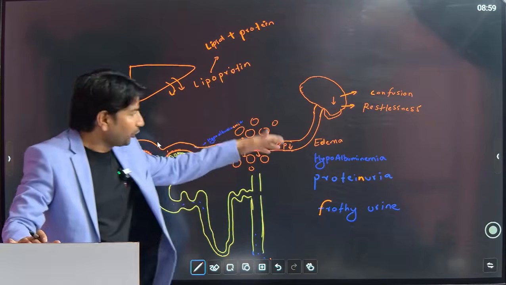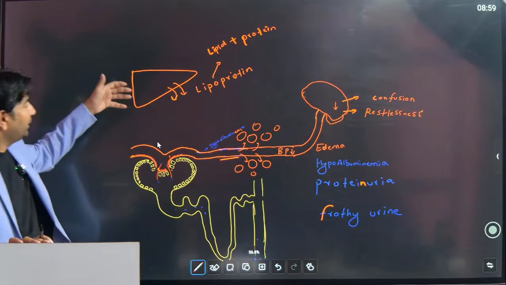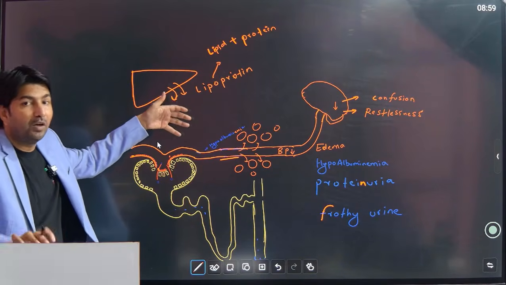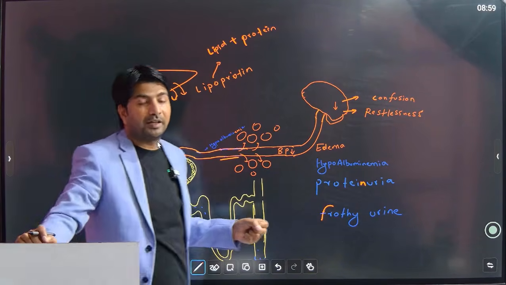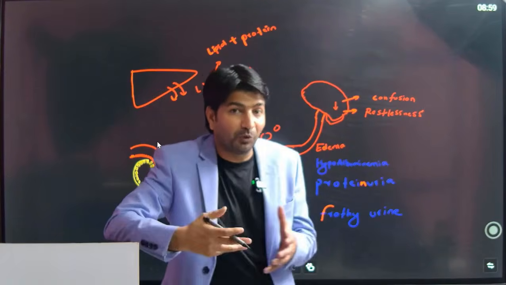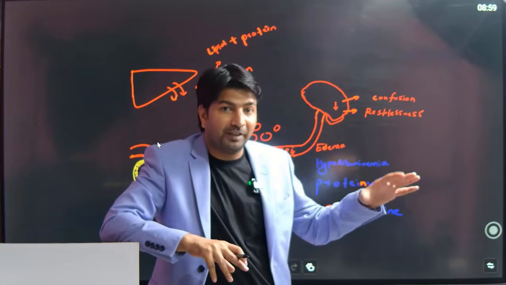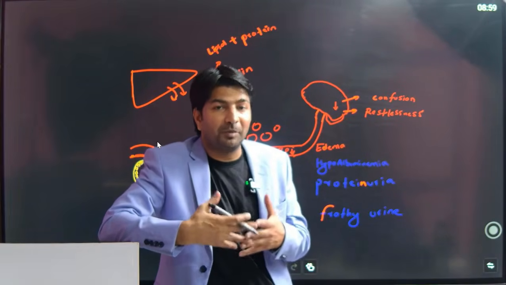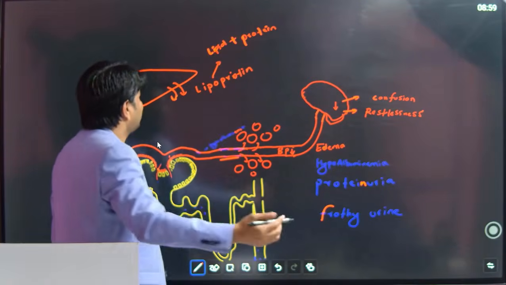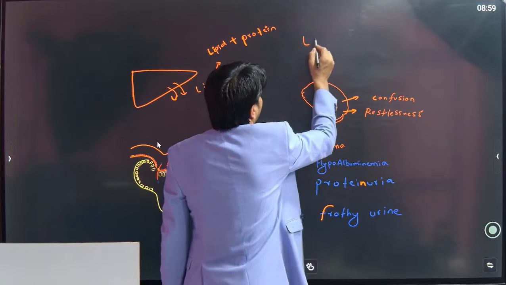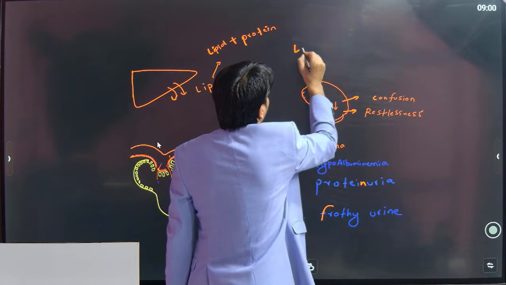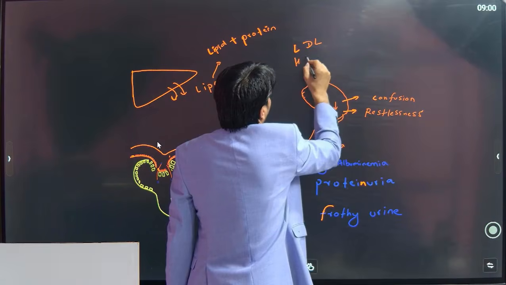That is, when the protein in the blood decreased, the liver started producing more protein for compensation. In that process, it makes all the proteins and also makes lipoproteins. Lipo means lipid and protein means protein. This means it contains both fat and protein together. Fat means lipid. For example, you might have seen LDL and HDL, which are examples of lipoproteins.